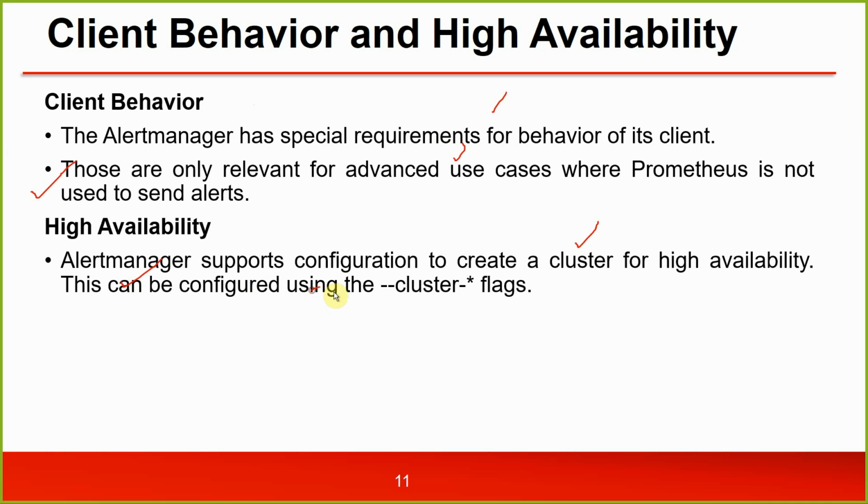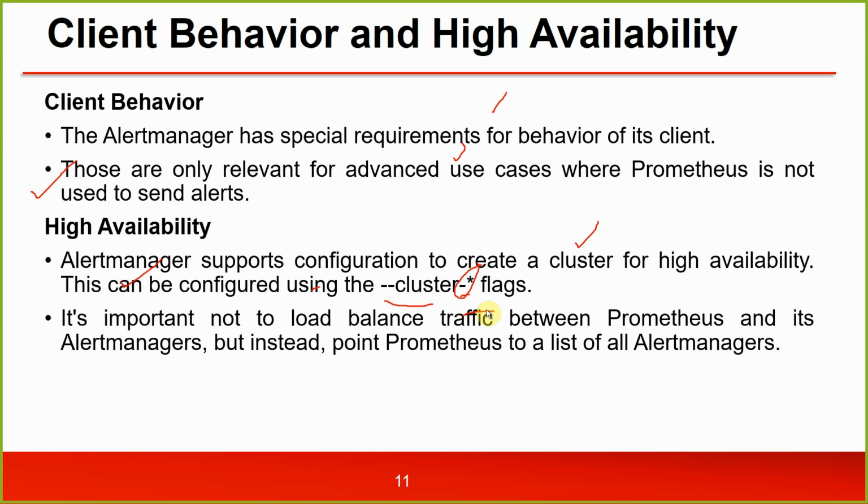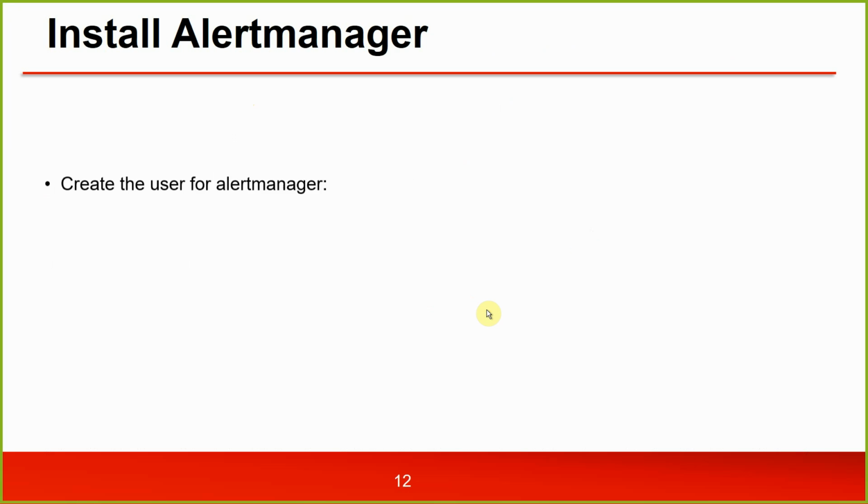This can be configured using the hyphen-hyphen cluster hyphen flags, with multiple options here. It's important not to load balance traffic between Prometheus and its Alert Managers, but instead point Prometheus to a list of all Alert Managers.